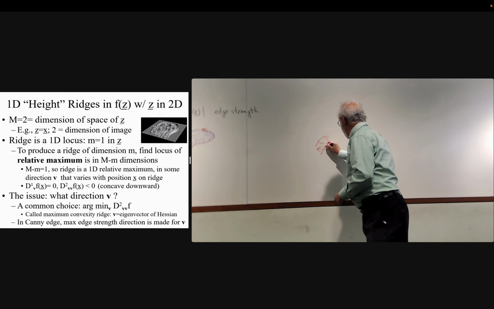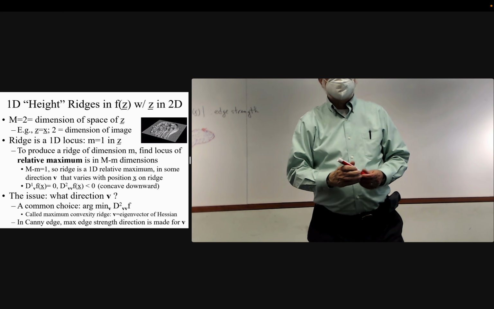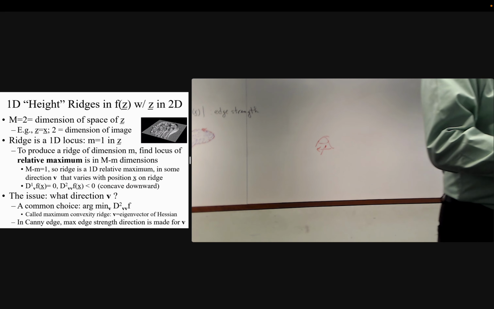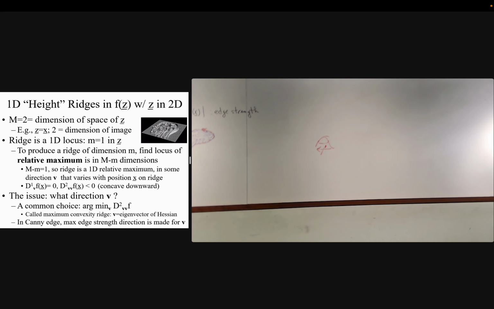And if you go in an orthogonal direction, you also have a max. Which is to say, both 2 different orthogonal first derivatives have to be 0, right? And that's another way of saying the gradient of h is equal to 0, because gradient is, of course, first derivative in one direction, first derivative in an orthogonal direction.